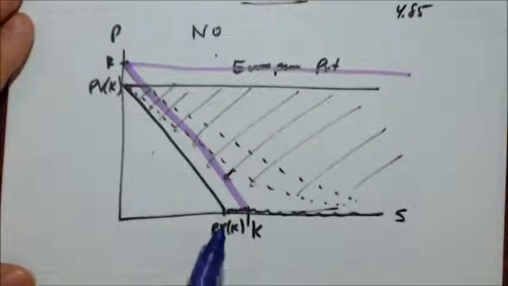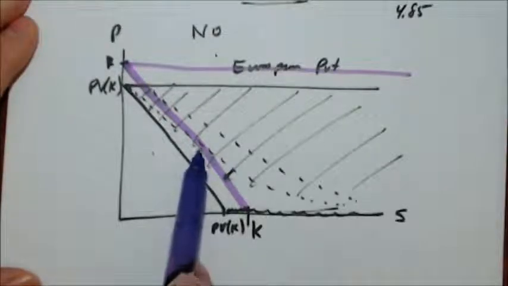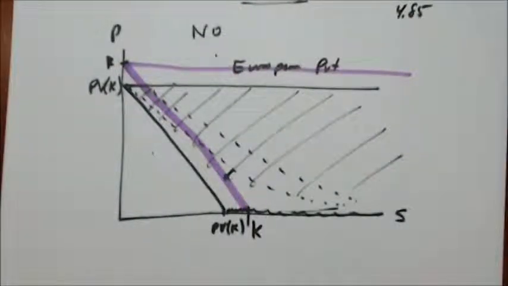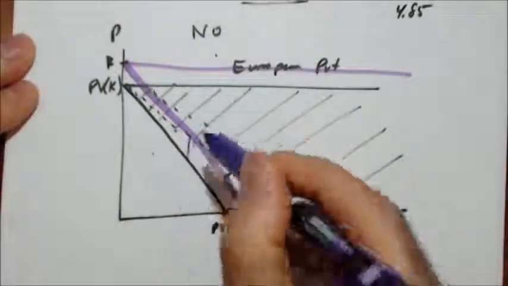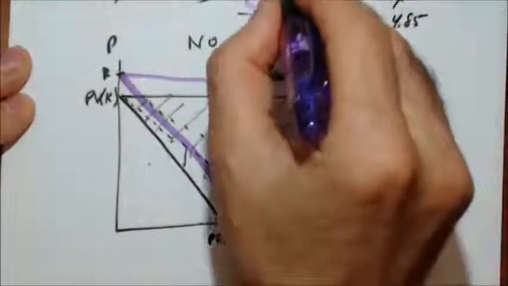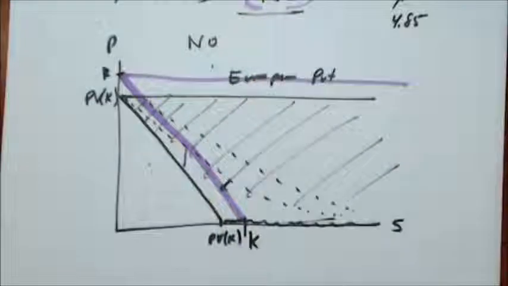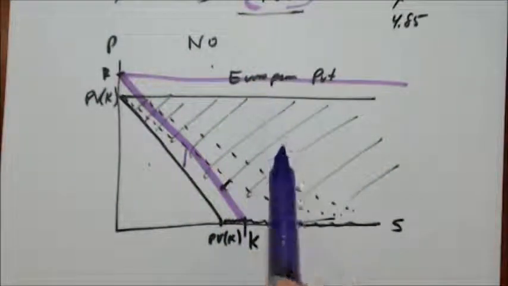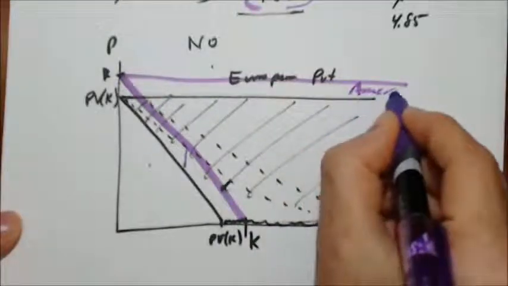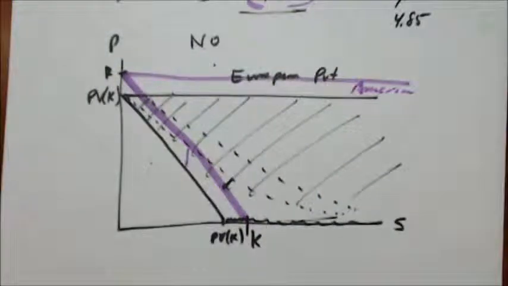What you see is that the American is always worth more than a European. The purple's American. And why? Because you get your money early. This difference represents time value of money. It's basically this 85 cents in this case. It's what's causing the difference in value, where the purple is American and the black is European.